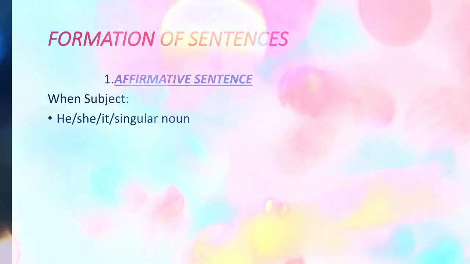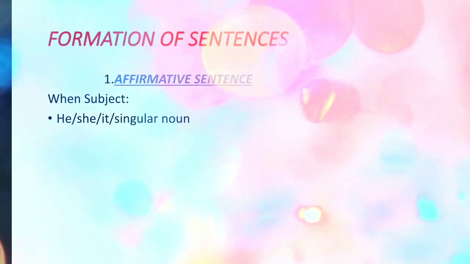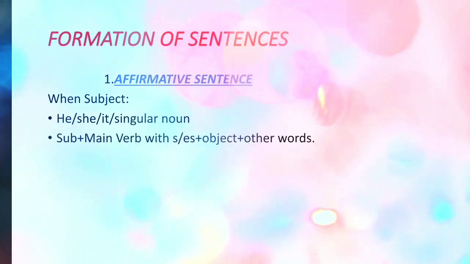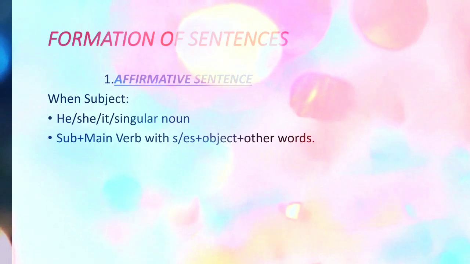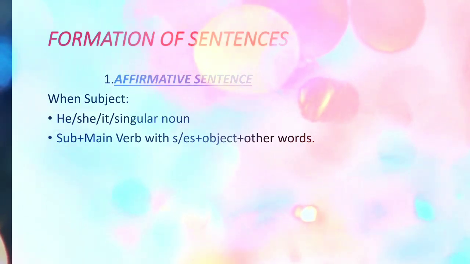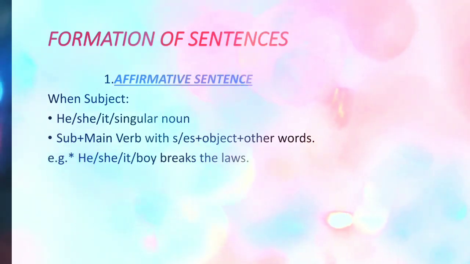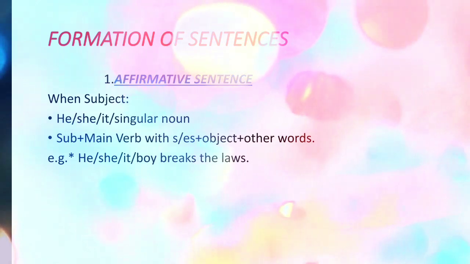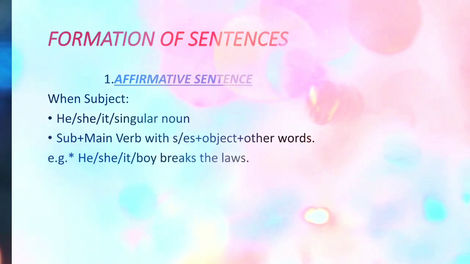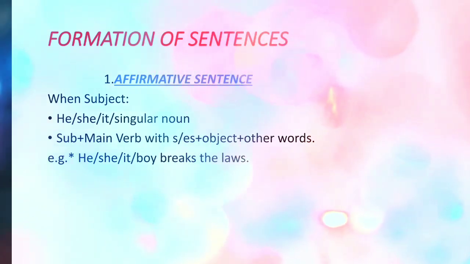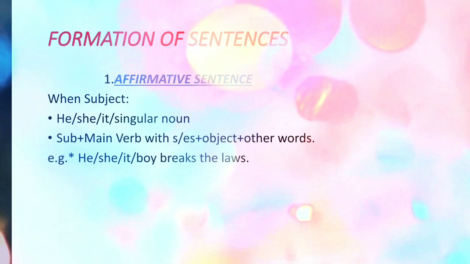If the subject or doer of the sentence is he, she, it, or a singular noun, then the structure is subject plus main verb with s or es, plus object or other words. Here you can see an example: the subject may be he, she, it, or a boy. Then break is not used here, only breaks, as the form of break. That's why it is an affirmative sentence structure.